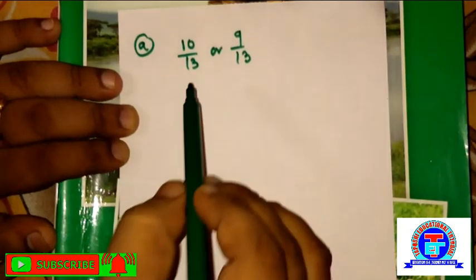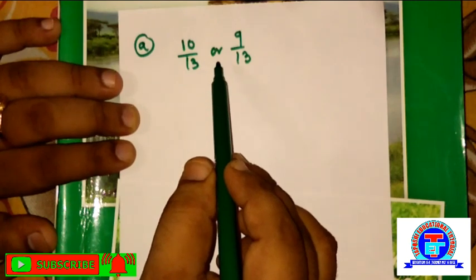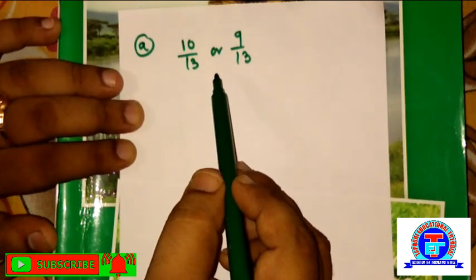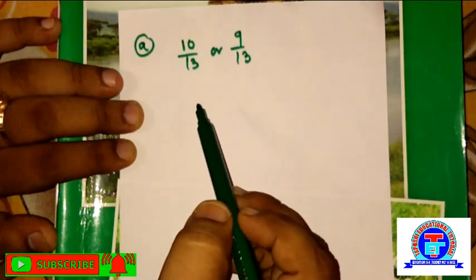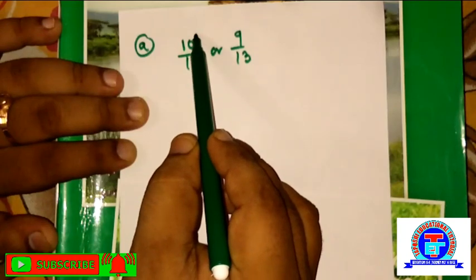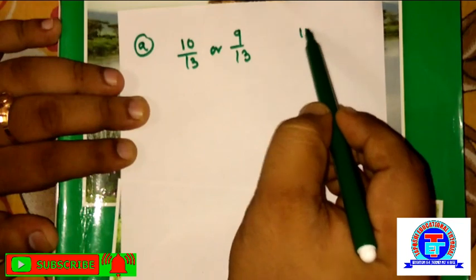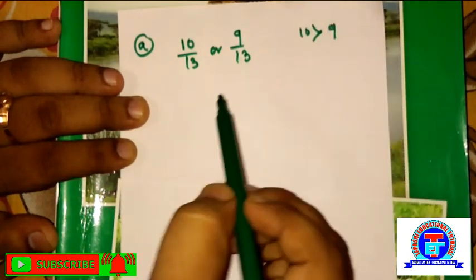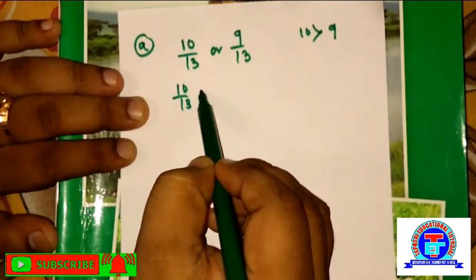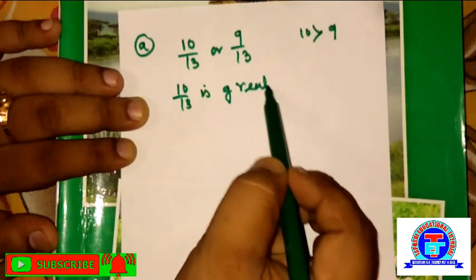In case the denominator is the same for two different fractions, then it is easy to find out which one is greater. Here we observe that 10 is greater than 9, right? 10 is greater than 9.